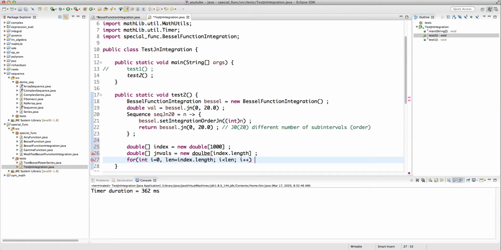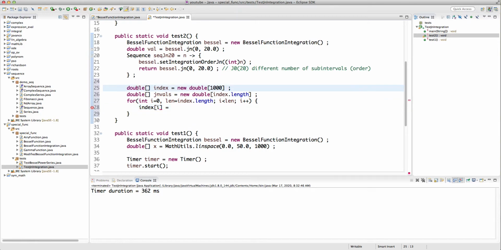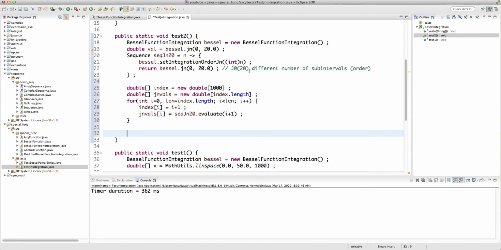What we're going to do is basically define the index as a double. It's just i + 1. So we want to start with one subinterval, and then jnVals at i is just we take that sequence, evaluate it at i + 1. All right, so we are calculating J0 at 20 for some number of subintervals, which sets the accuracy of the integration, right?